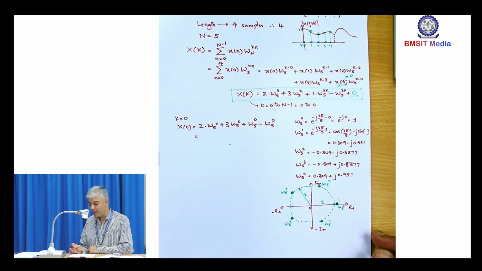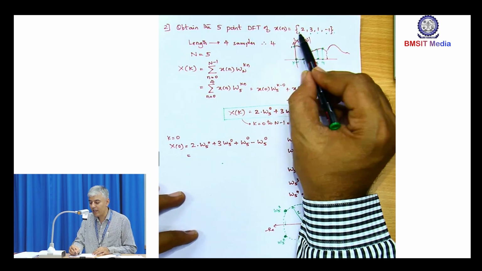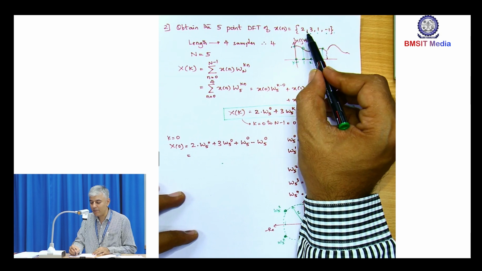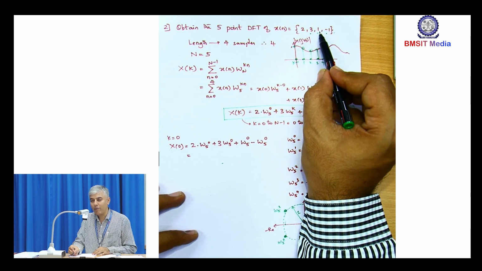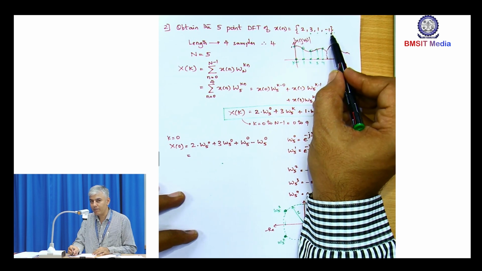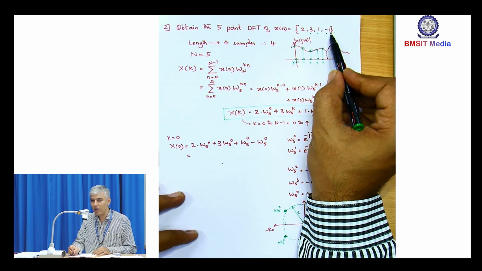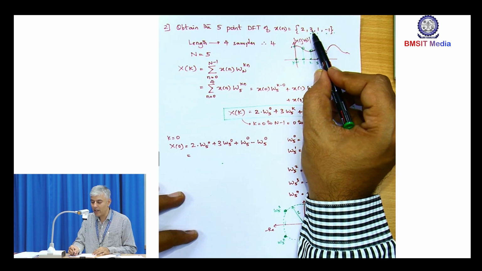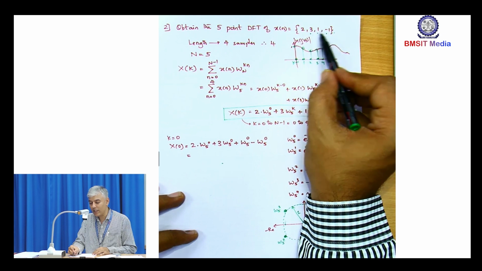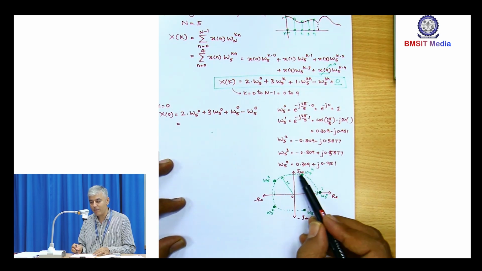So these twiddle factors are independent of which signal you are referring to. Like x of n, in this case it happens to be 2, 3, 1 and minus 1. Suppose instead of 2, 3, 1, minus 1, you have 5, 3, 1, minus 1, or 8, 6, 1, minus 1, or 1, minus 1 and 1, minus 1, no matter what signal it is, the 5-point twiddle factors will always be like this.